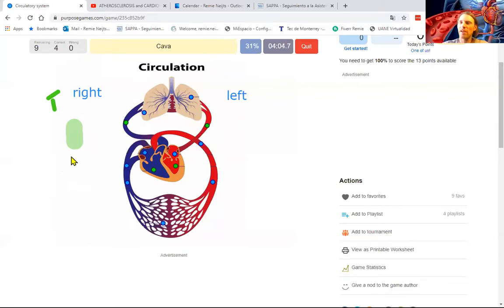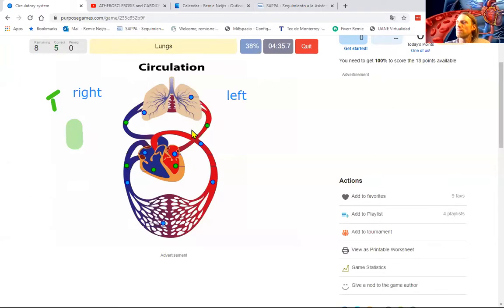I'm going to ask Vanessa, vena cava, which one would that be? On the right, on the left? Do you think this is the vena cava or this one is it? Because the other ones we already have in green. Do you think it's this one or this? I think it's the right one. Okay, correct.